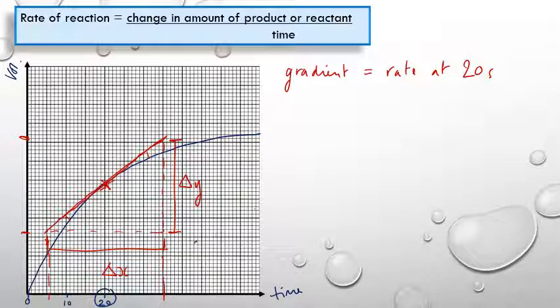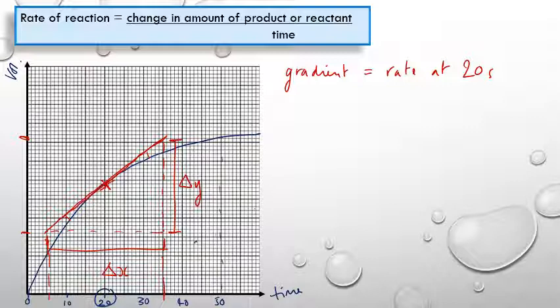I can also work out the average rate over a period of time, which is actually very straightforward. I just work out the change in amount of product over that time period and divide by time. Say I wanted the average rate over 50 seconds. I'd find my point at 50 seconds. I'm going to do this in a different color now.